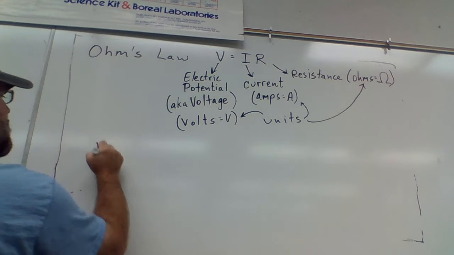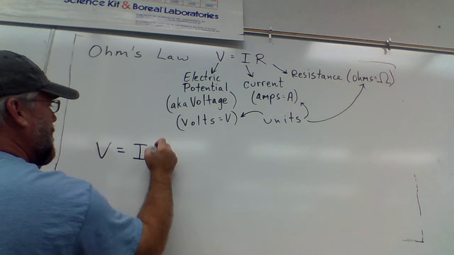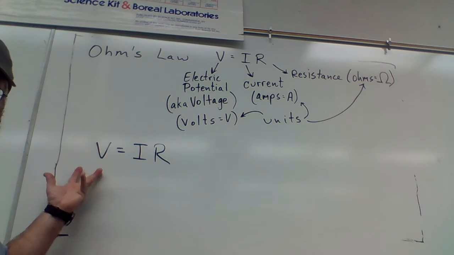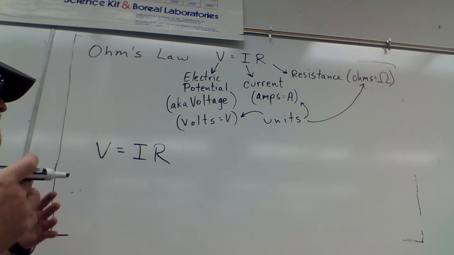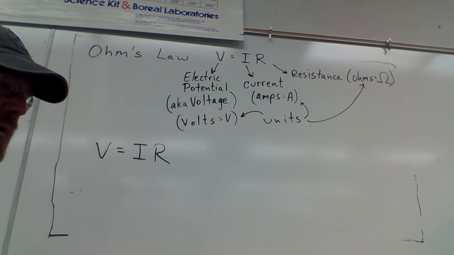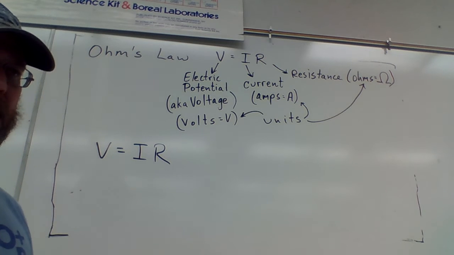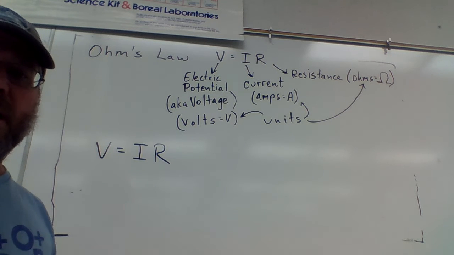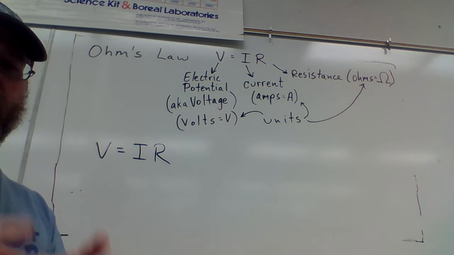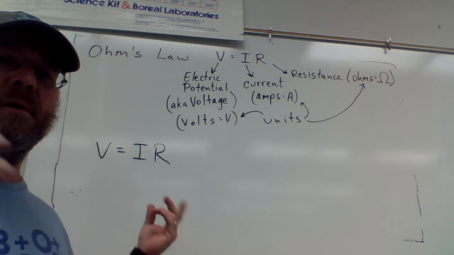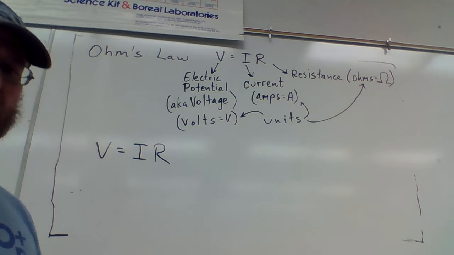So if we have V equals IR, this is good for solving for V. Okay, if you know your math and you can work through it easily, basically given I and R, you multiply them together, you're done. But let's say you were given a problem where you had to find current. Now, personally, I could do it either way, but I always like to find whatever I'm looking for by itself and then plug in what I know at the end so the numbers don't confuse me.